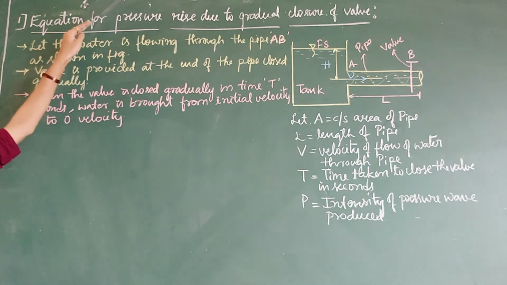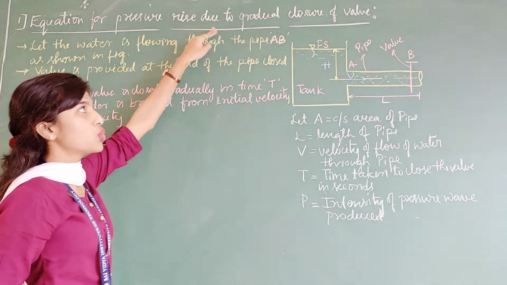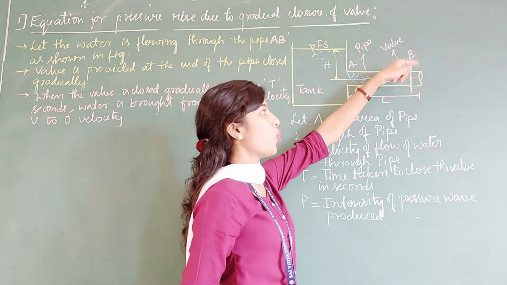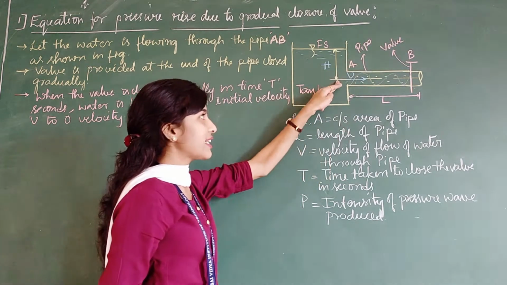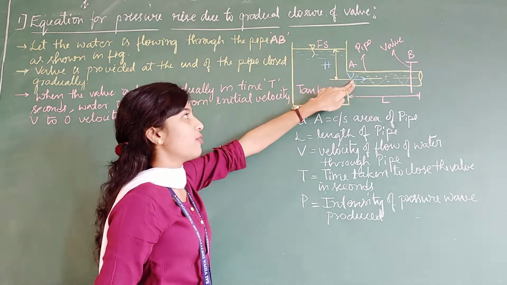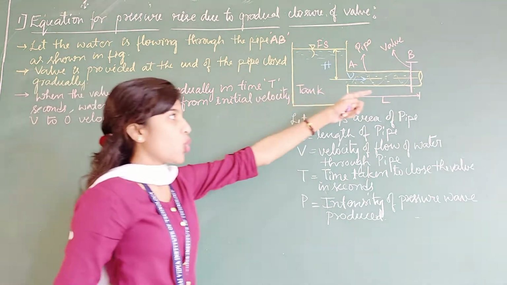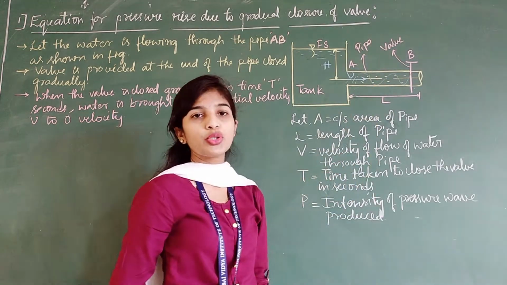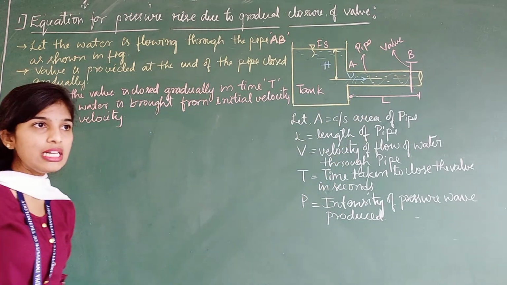For the first case, we will derive the equation for the pressure rise due to gradual closure of the valve. Initially the valve was open, so the water inside the tank flows through this pipe with a velocity v. But once you close the valve gradually, the momentum is going to be destroyed, and due to that a high pressure wave will be generated.